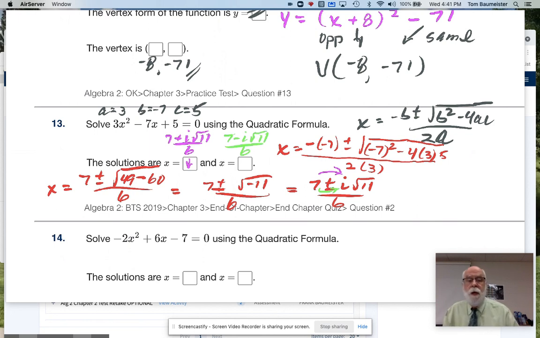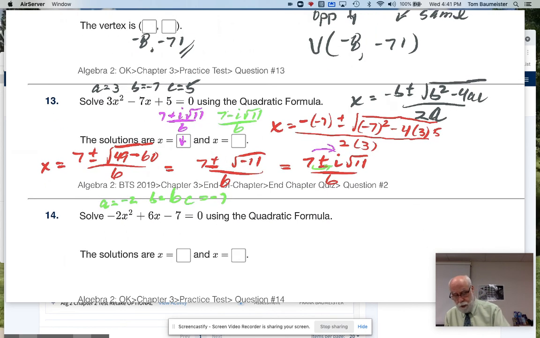Okay. So we're going to do the same thing on the next one here. Again, I'm going to have my a is equal to negative 2 this time. My b is equal to positive 6. And my c is equal to negative 7. All right. Well, I just put the formula up on the top one, so I don't think I have to put it on this one here.